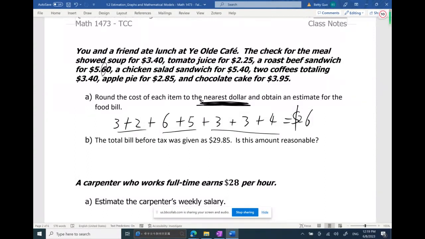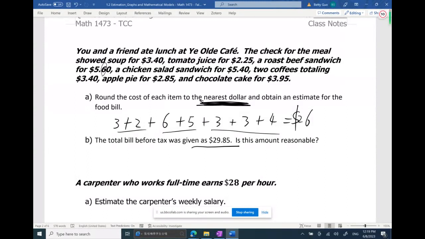Part B, find the total bill, the exact bill. Oh, actually, it's given. The total bill before tax was given as 29.85. Is this amount reasonable? I think it's pretty reasonable, while our estimate is lower than the actual value. Let me double check the result.